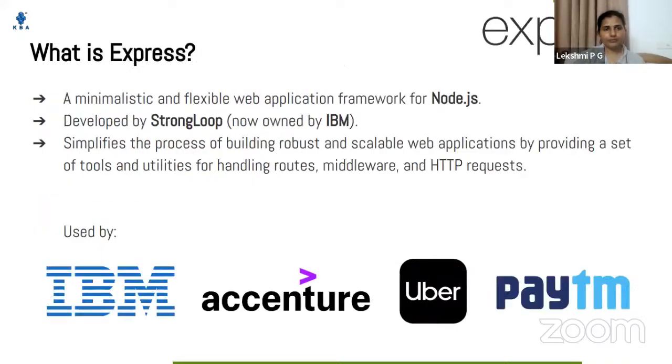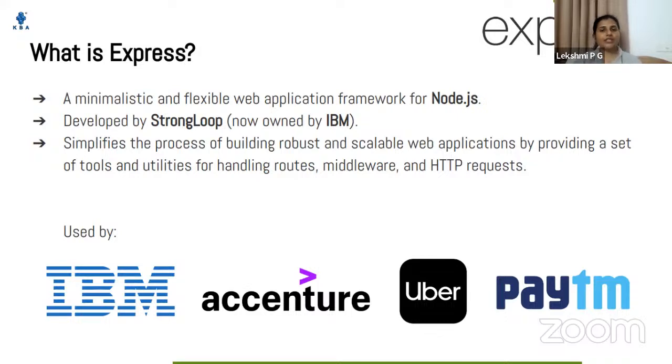Next, we have seen React is a framework for the front end, right? Likewise, there is a library or framework for the backend, which makes the task of programming the backend a little more flexible and easier.